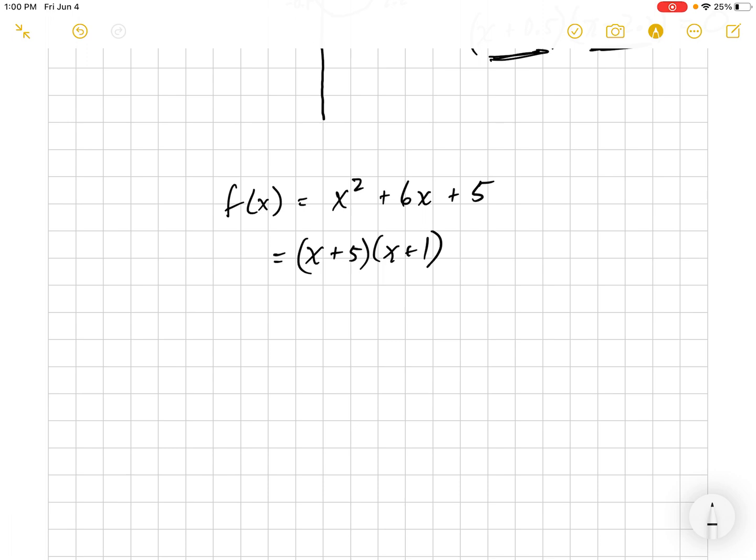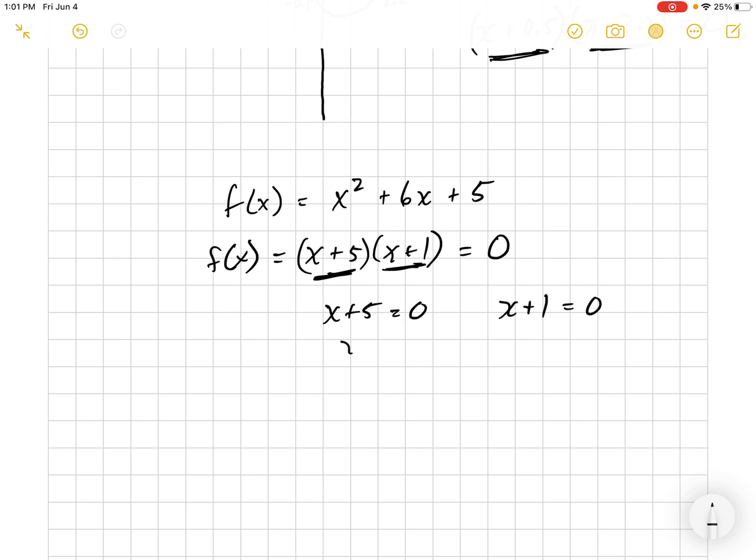And if we set f of x equal to 0, we know that either x plus 5 must equal 0, or x plus 1 must equal 0 in order for this to equal 0. Because if one of these two equals 0, then the whole expression, the whole equation, will equal 0.